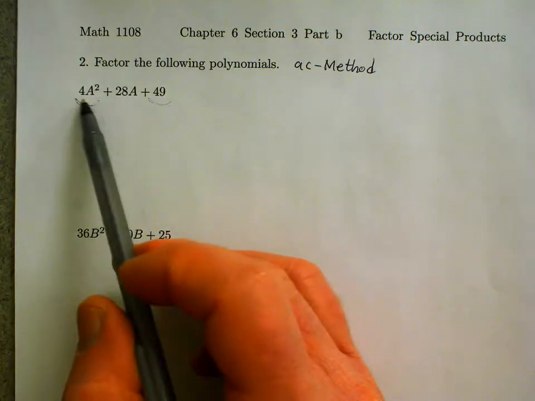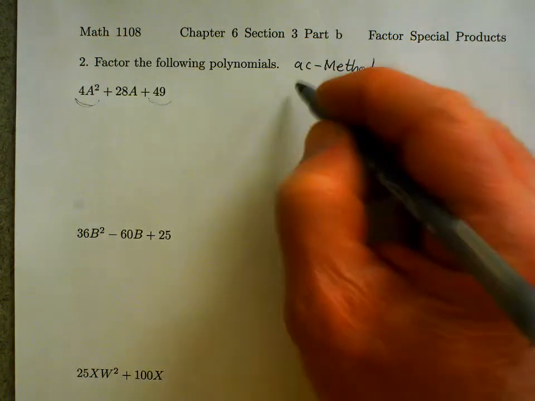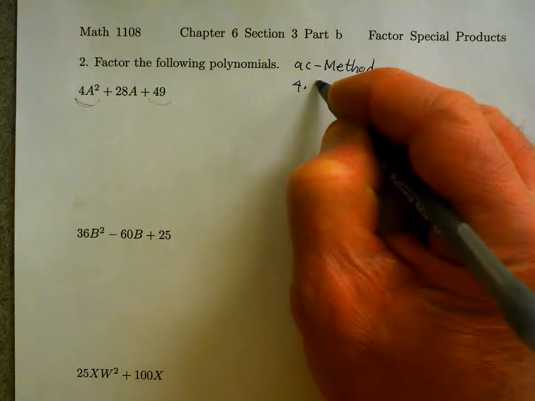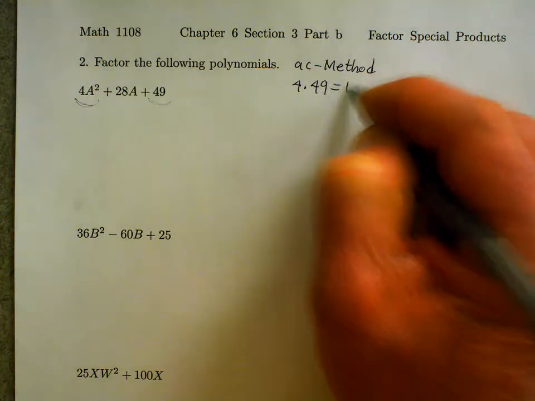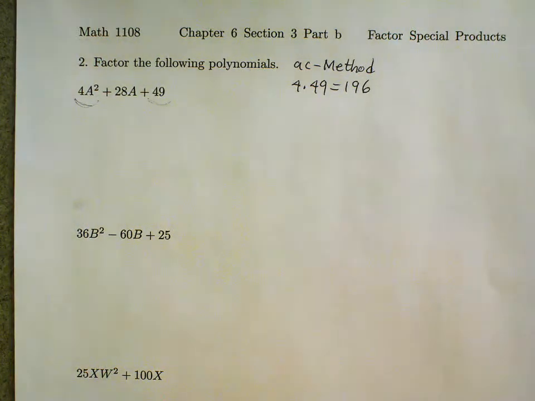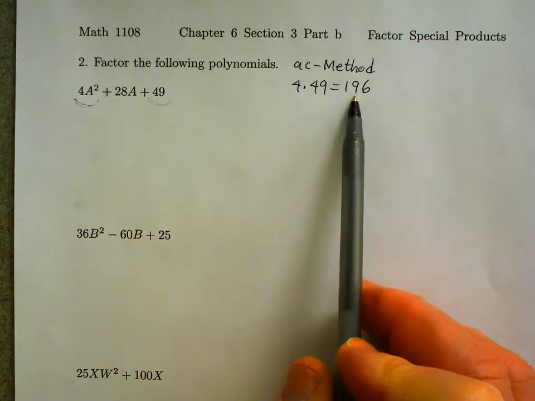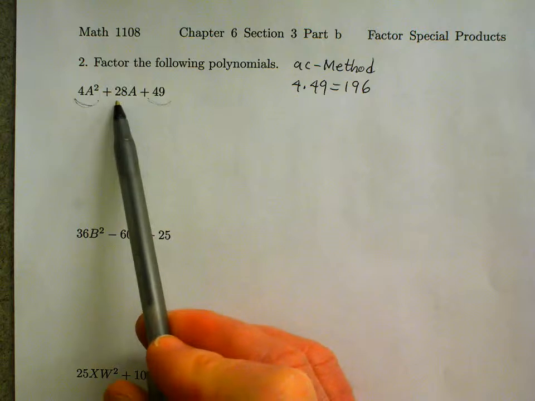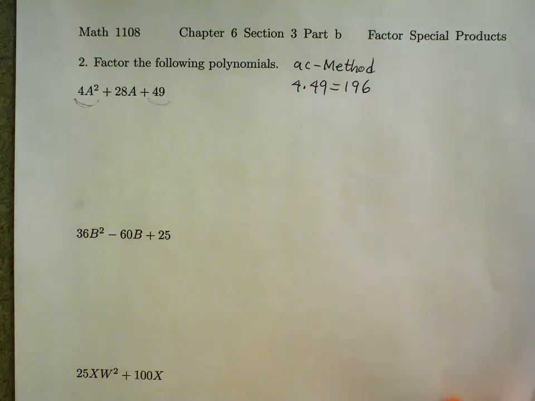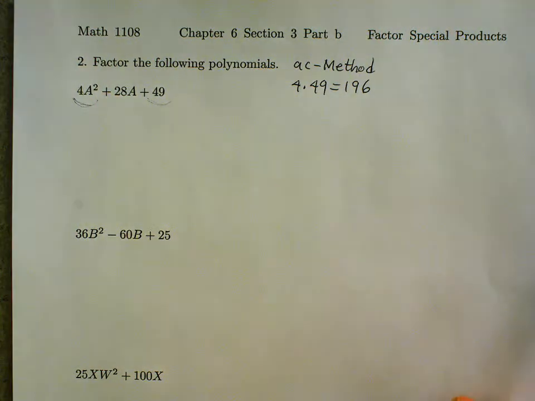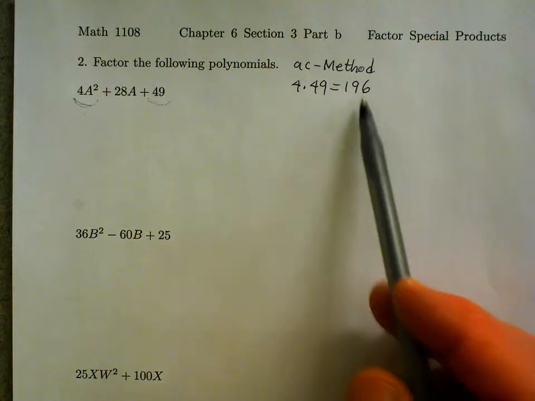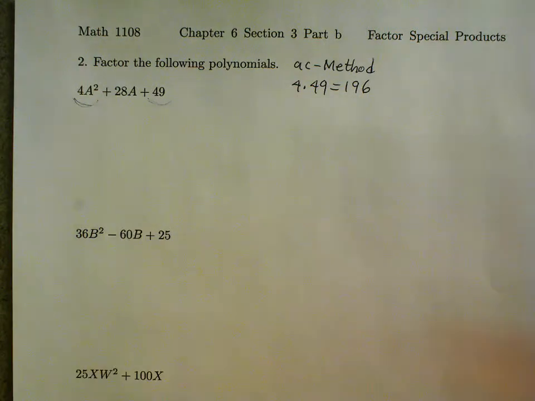So the AC method, 4 times 49 is 196. And we want to find two integers that have a product of 196 and a sum of 28. If the product is positive and the sum is positive, then they both must be positive.